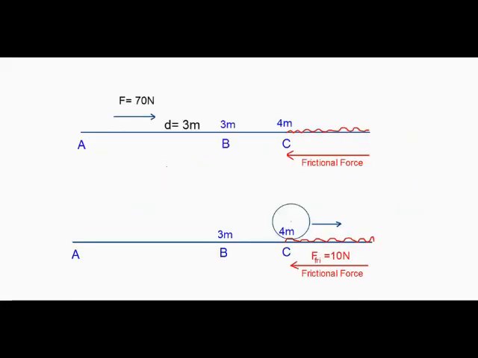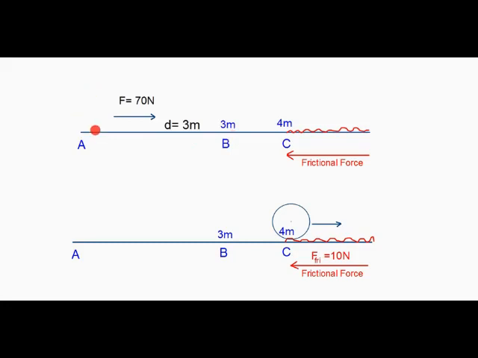This is the scenario. Let's say the force of 70 newtons, this ball is moving with the force of 70 newtons from point A to point B with a displacement of 3 meters. So from point A to point B, it's 3 meters, right?